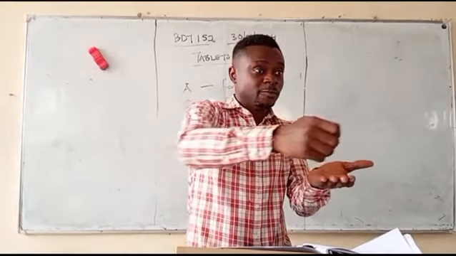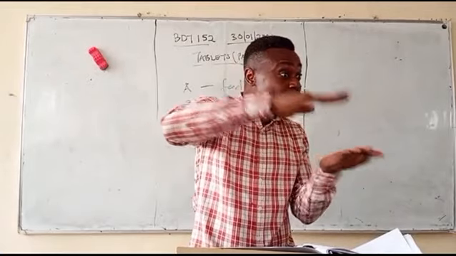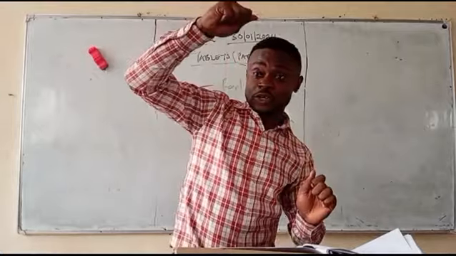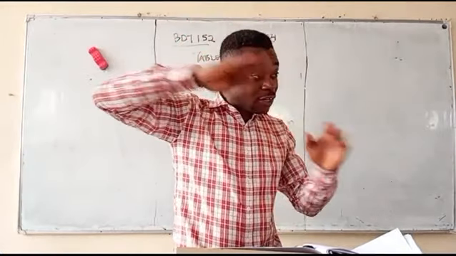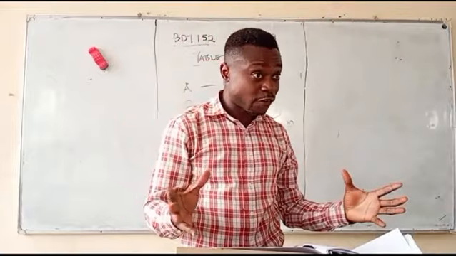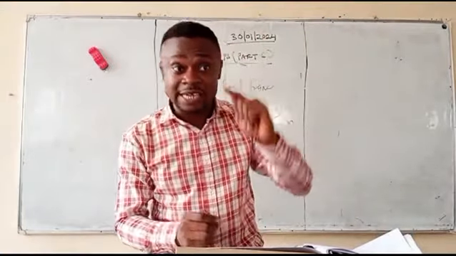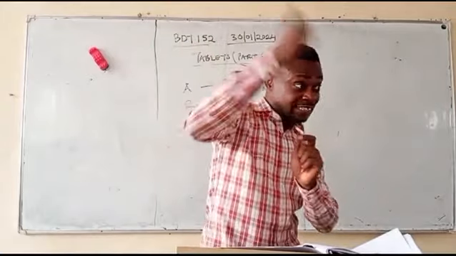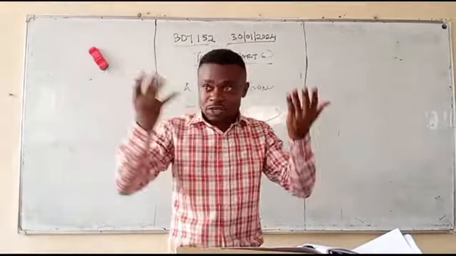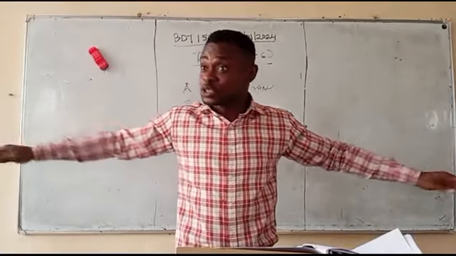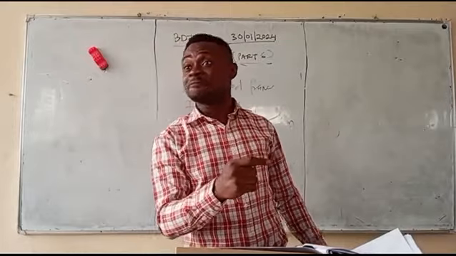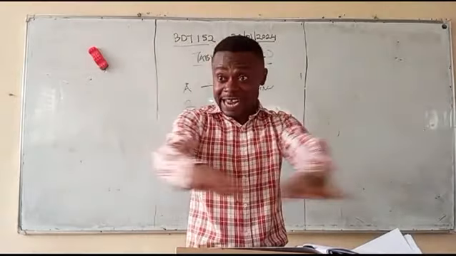If you want to get the exact volume of the container, you overfill it. Then when you scrape off the excess, you now get the exact volume of the container. But if you fill it and leave it like that, at the orifice of the gallon it looks filled up, but off the tap, you realize that it's not filled up.